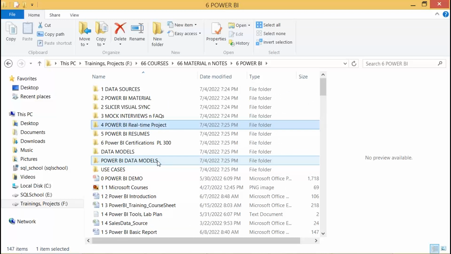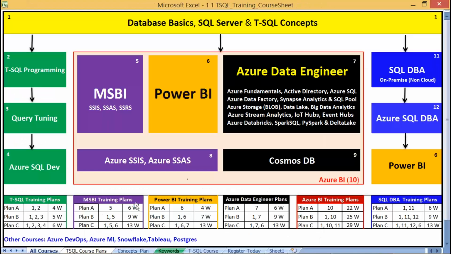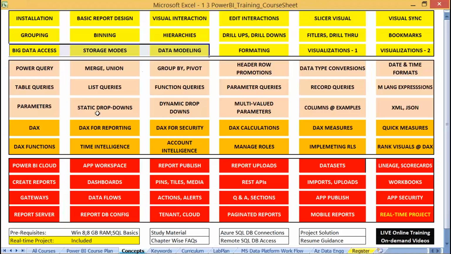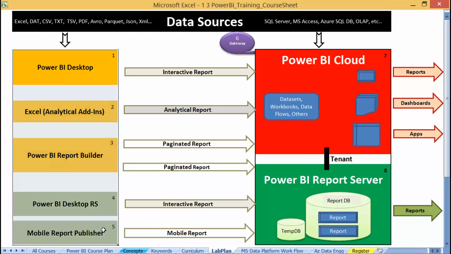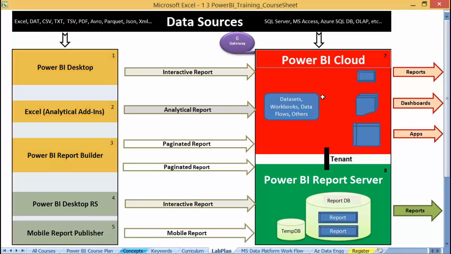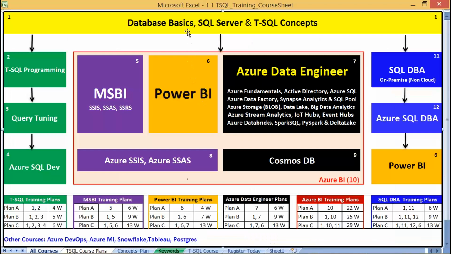Yes, Microsoft SQL or T-SQL basics are required. Whether we step into Power BI, a good list of tools and hosting environments, they need Microsoft SQL Server T-SQL basics. There is a dependency, and the same goes for Azure Data Engineer.